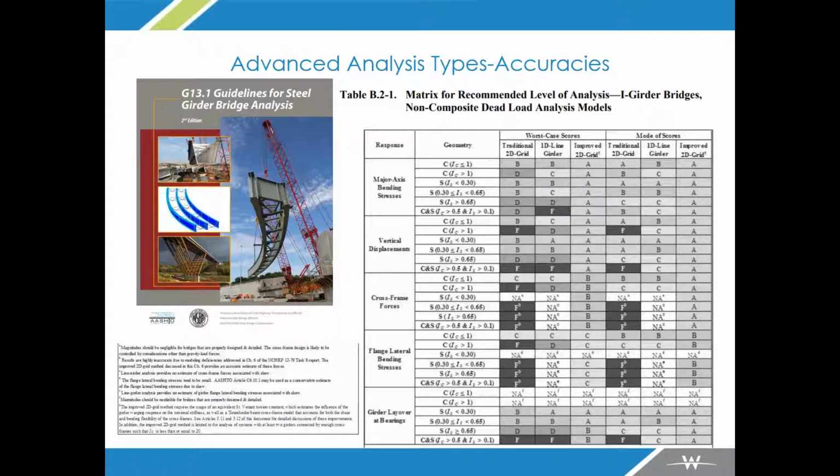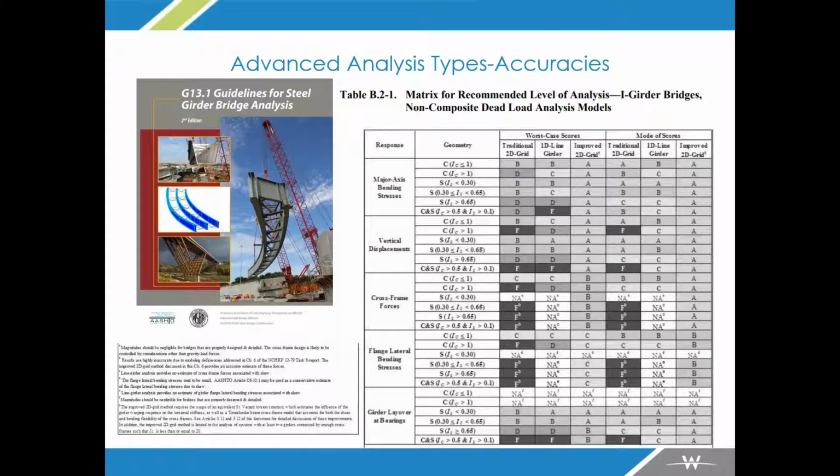But just to note, the traditional 2D grid, often called grillage, is the first one there. The 1D line girder is obviously your standard old school method of doing things, maybe modified by V-load or M/R methodologies. And then the improved 2D grid, which I sometimes call grillage plus. Sometimes it's 2.5D; I've seen different terminology for that one.